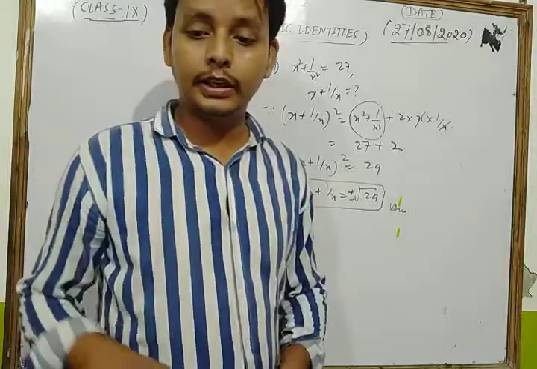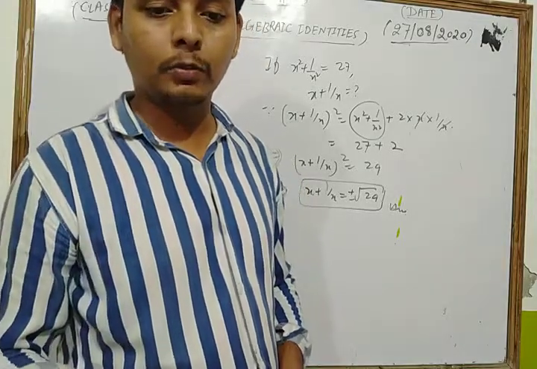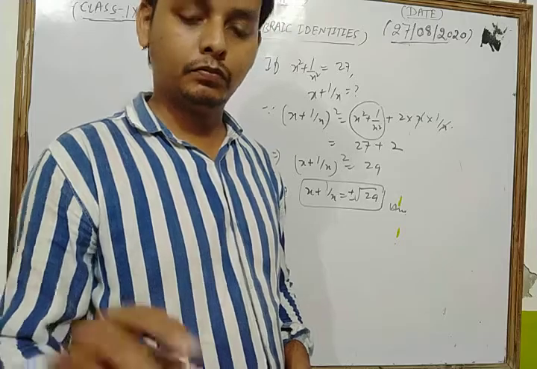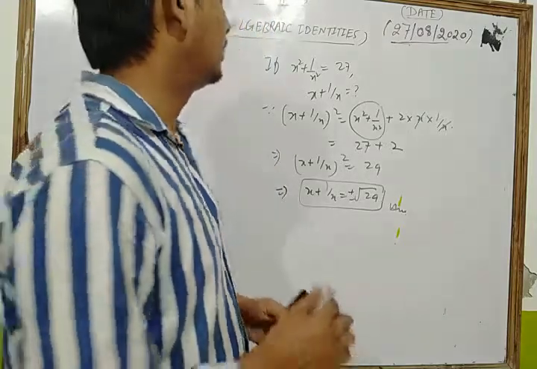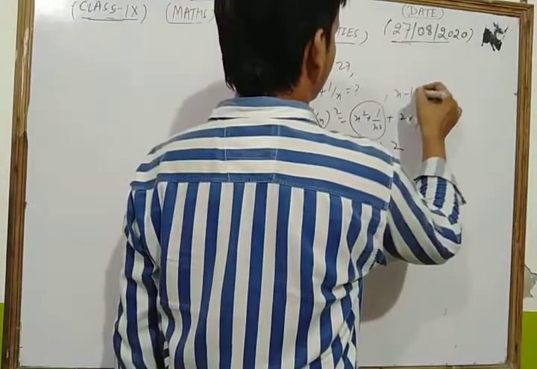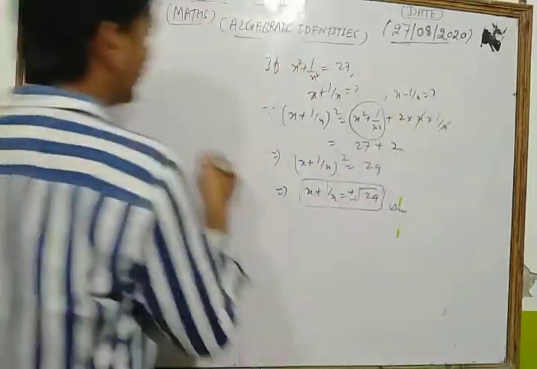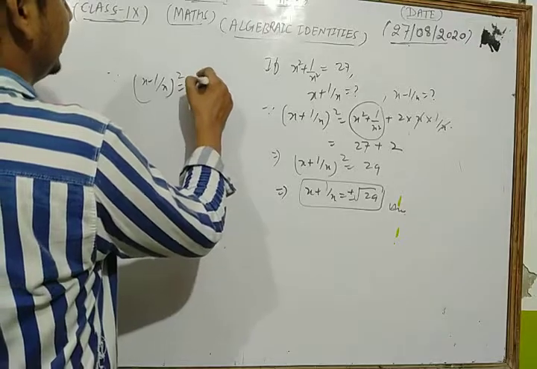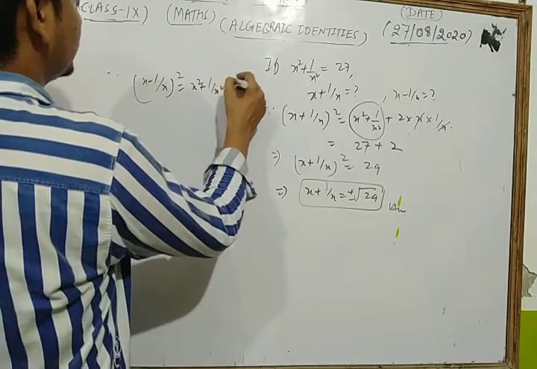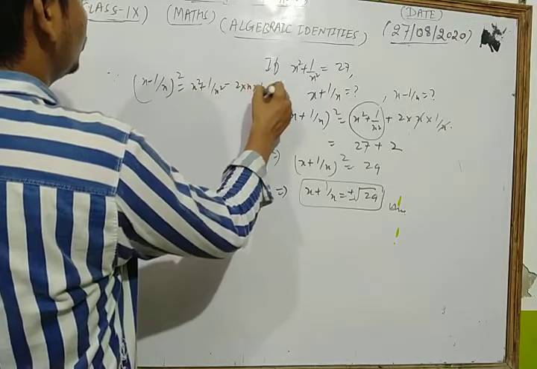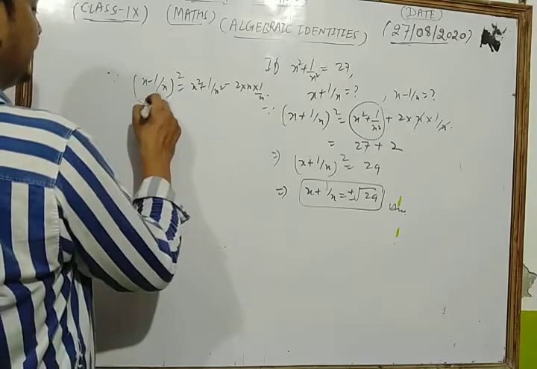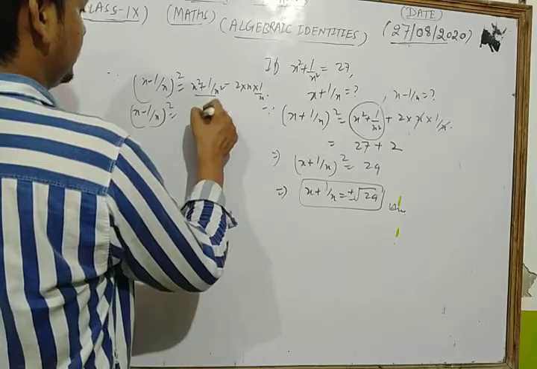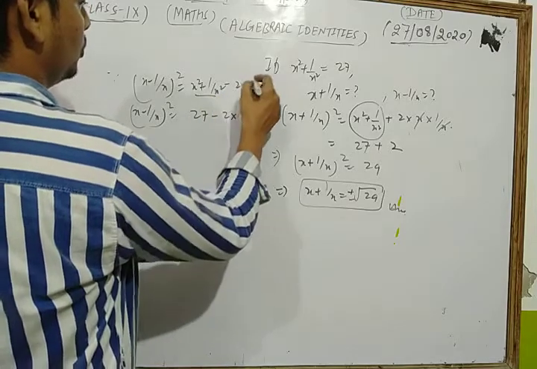Now suppose we also find the value of x minus 1 upon x. Then, dear students, we apply the formula: x minus 1 upon x whole square is a square plus b square minus 2 into a into b. So here we write it as whole square, and the value of this is 27 minus 2 into 1.